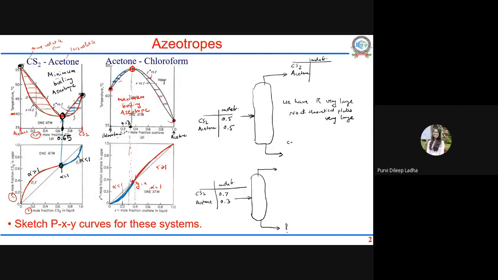So at the top it will be 0.65 of CS2, I think.